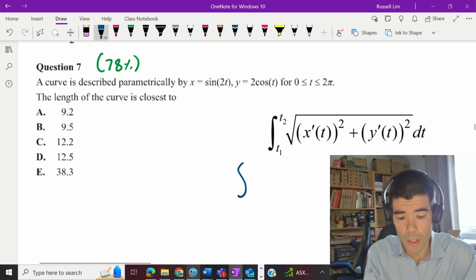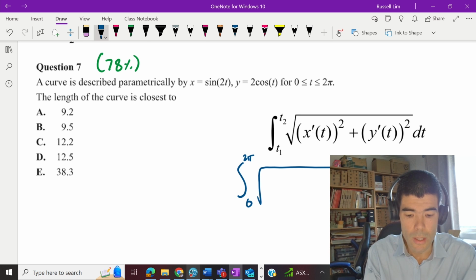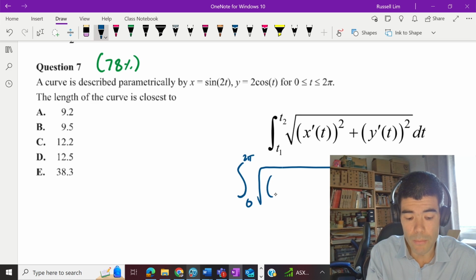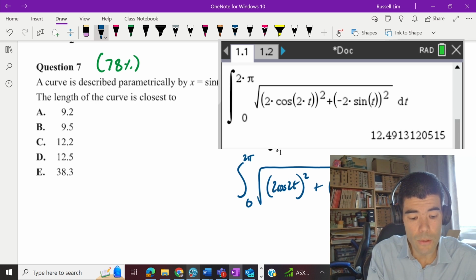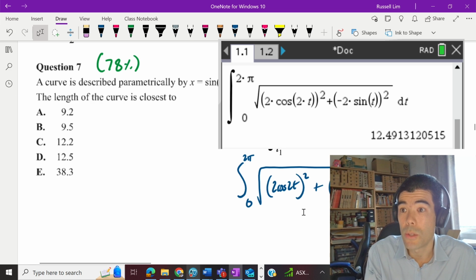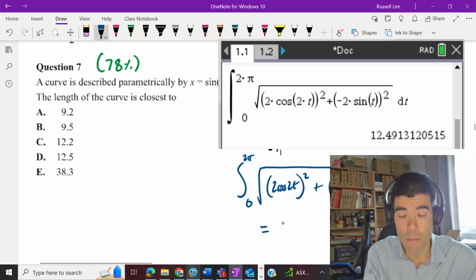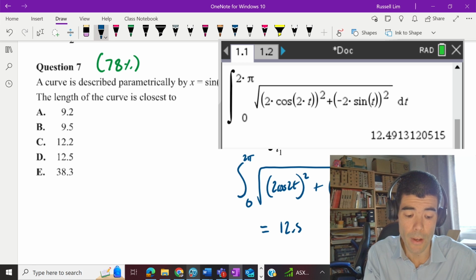So here we would want the integral from 0 to 2 pi of the square root of dx/dt squared plus dy/dt squared. dx/dt we can probably do quite easily by hand as 2 cos 2t, and dy/dt is negative 2 sine t. Obviously we could also do these derivatives on the CAS calculator if you prefer. Type this onto the calculator with a decimal approximation, and we should get 12.5.